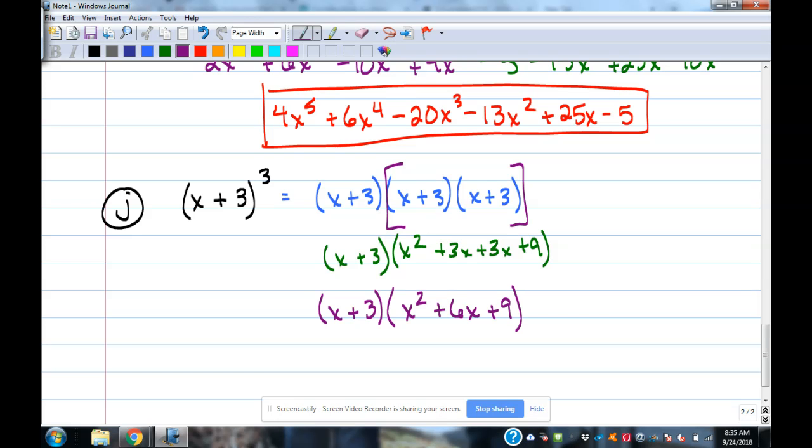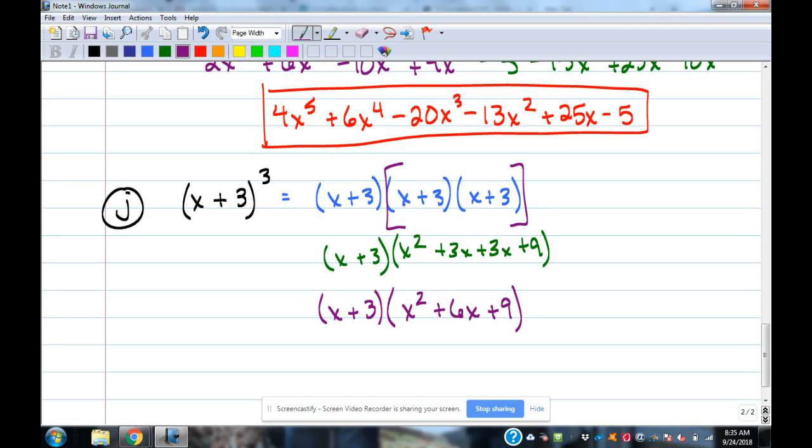Or maybe you know that shortcut to squaring a binomial, that you square the first term, square the last term, and then multiply them together and double it in the middle. Because x squared, 3 squared, 3x times 2 is 6x. That's the shortcut. It didn't take that long to do it anyway.